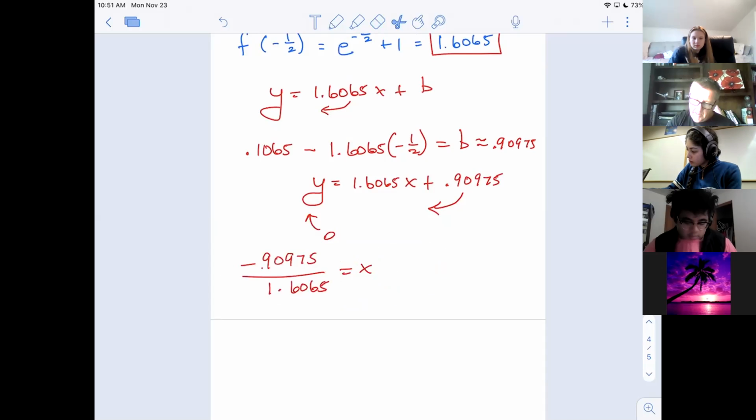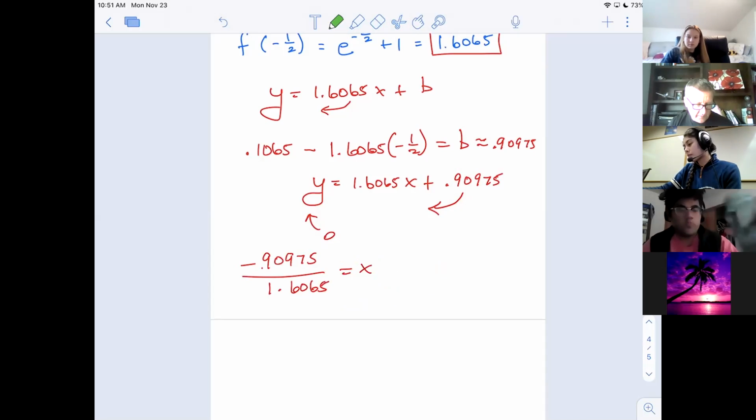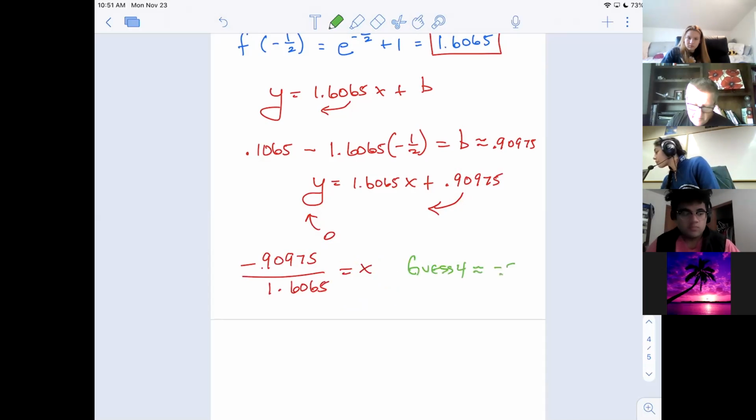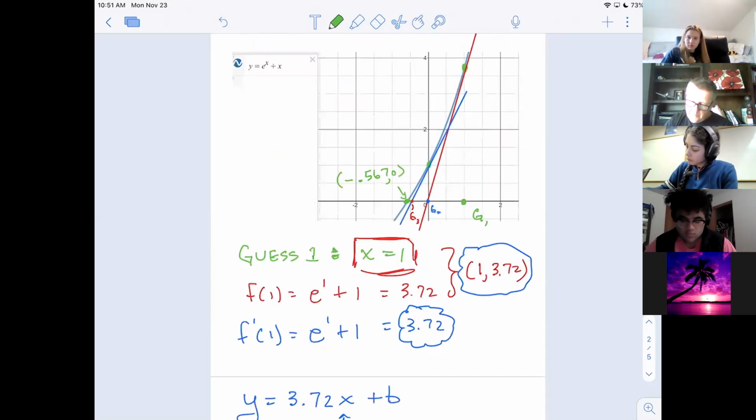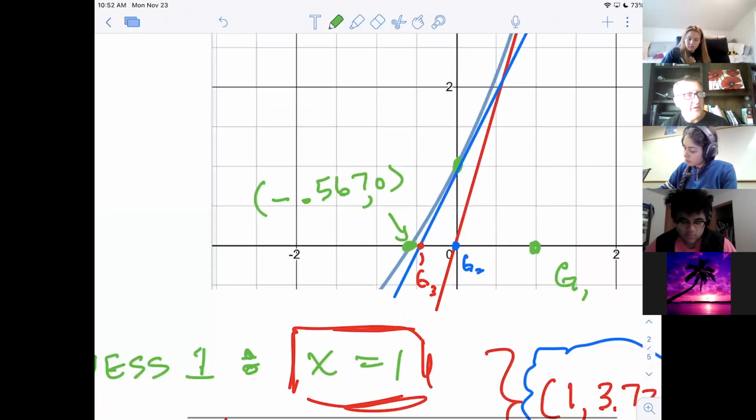I'm typing that into my calculator, and so I'm changing colors. So if I take negative 0.90975 divided by 1.6065. Wow, what an amazing answer. Guess 4 is negative 0.566. Man, that's amazing. That's 1/1000th off of the correct answer.